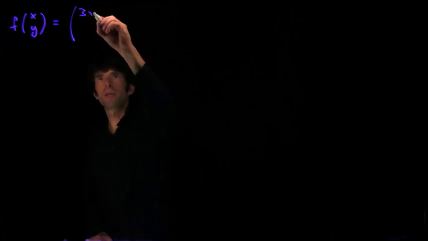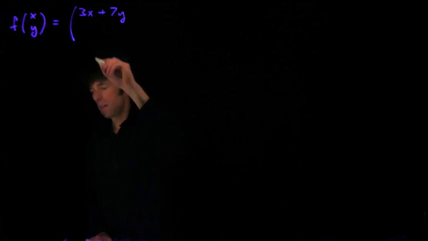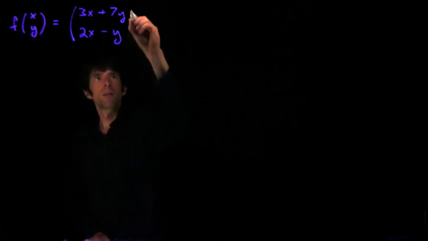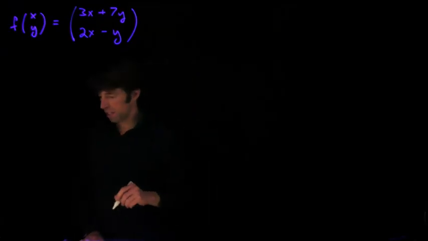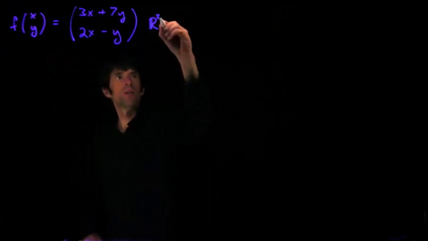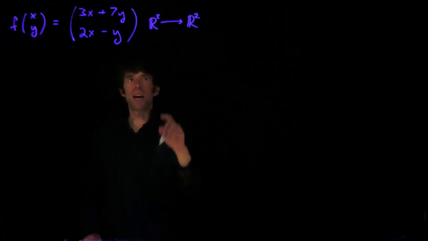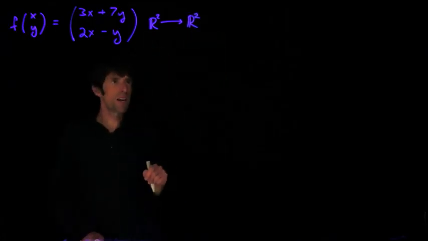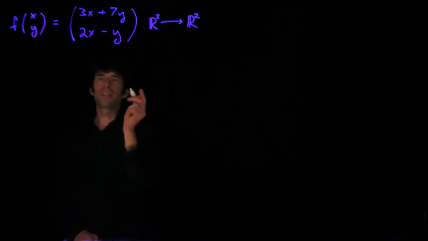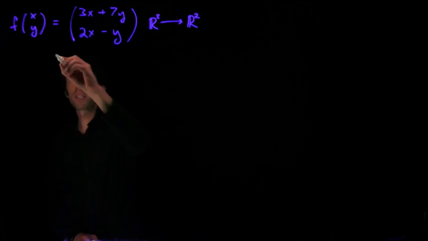The first component is going to be 3x plus 7y, and the second component will be 2x minus y. So this is a function from R2 to R2. So it has two-dimensional vectors as its domain and two-dimensional vectors as its codomain. I've just written down a formula for it. This function is linear.